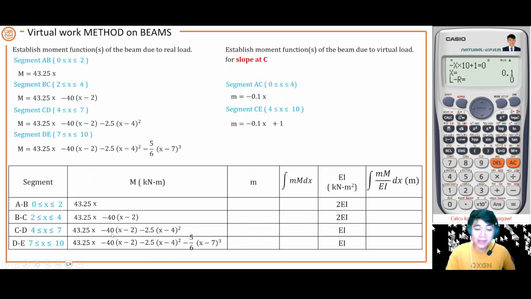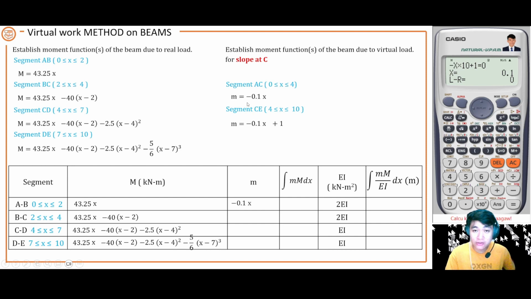Again, you don't have to repeat the moment functions for the actual or real loads. You just have to copy the moment functions for your virtual loads. For segment A to C, from A to B, that is negative 0.1x.